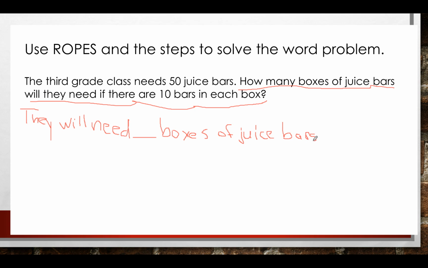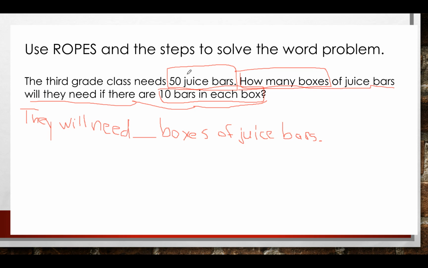All right, then once you have restated the question, the next part is you look for key information. So the key information would be that they need 50 juice bars and that there's 10 bars in each box, and we need to know how many boxes. So let's look at the numbers that we have boxed in. We have 50 and then we have 10.